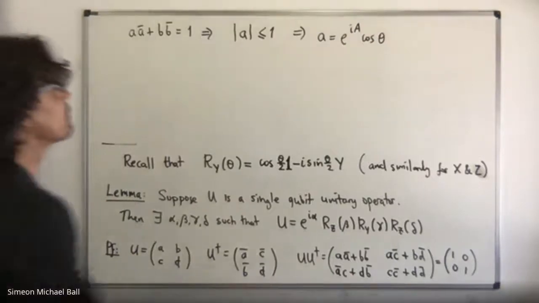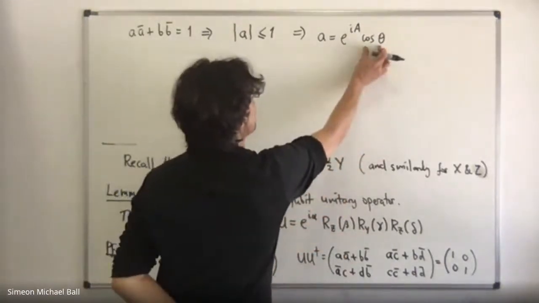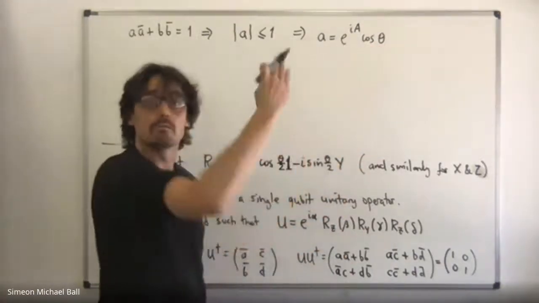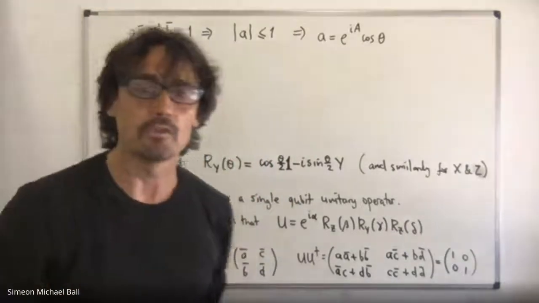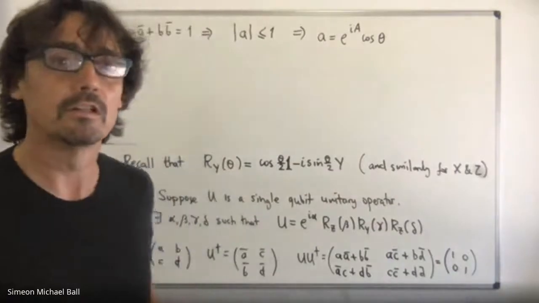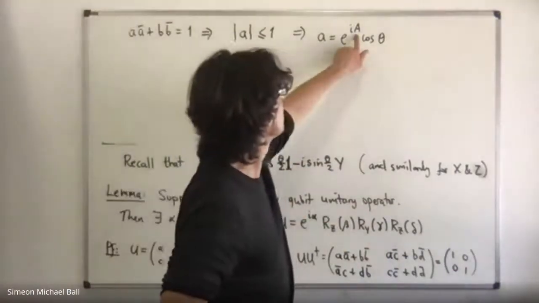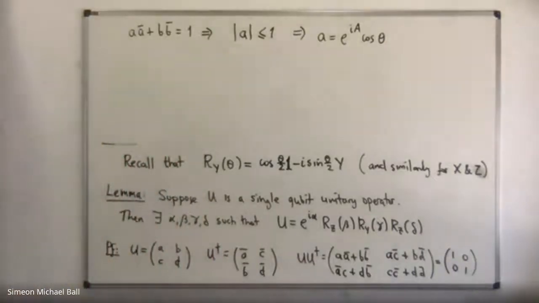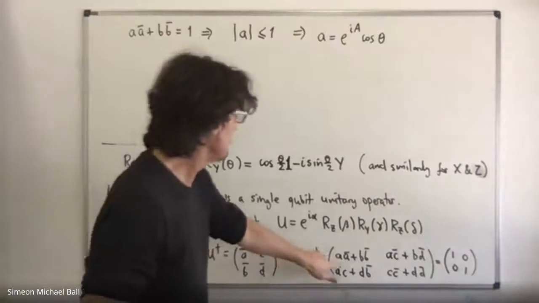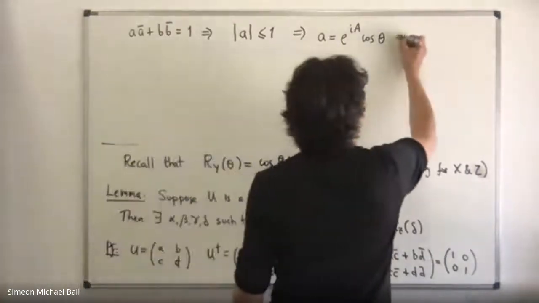So this is some number between 0 and 1, and if you think about the complex plane, I've got to move it around the unit circle by an angle capital A until I get to wherever my A is.